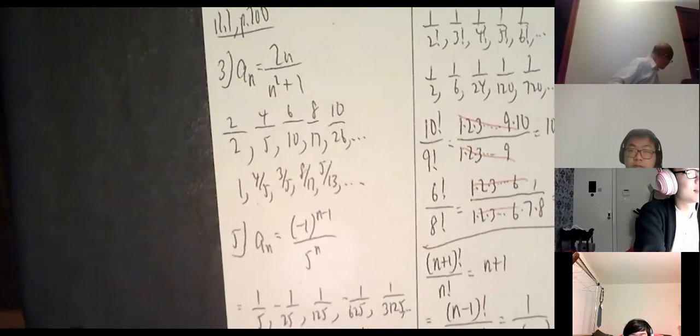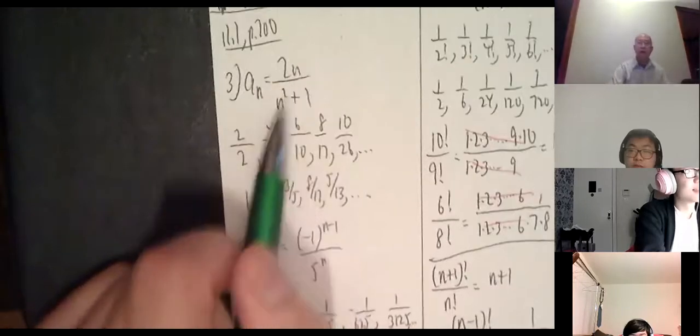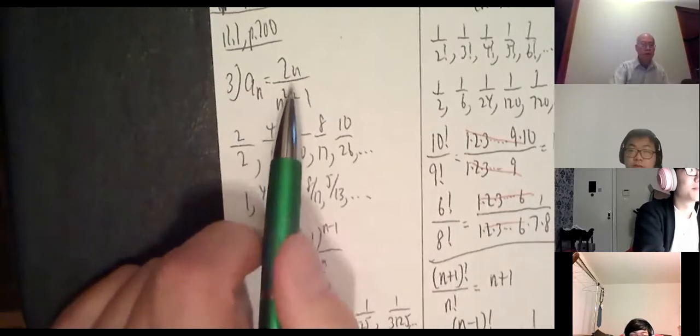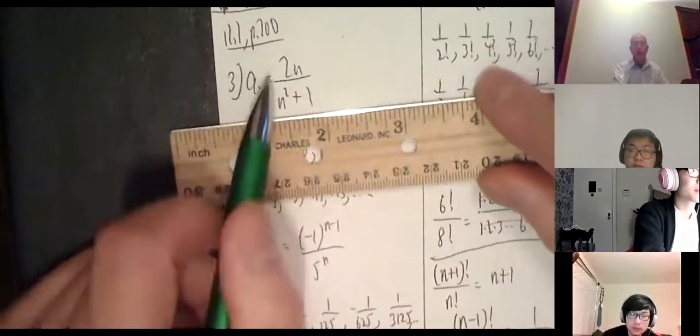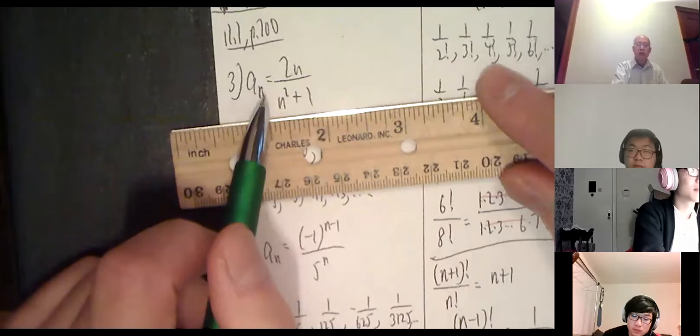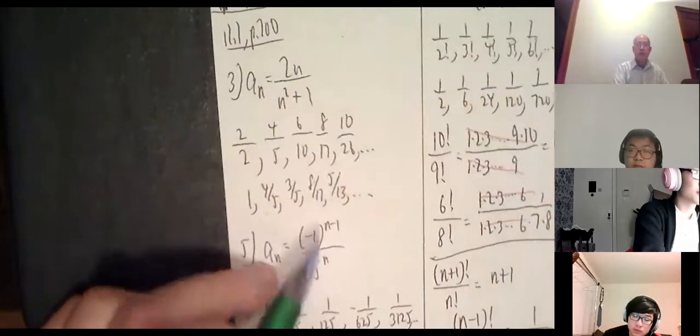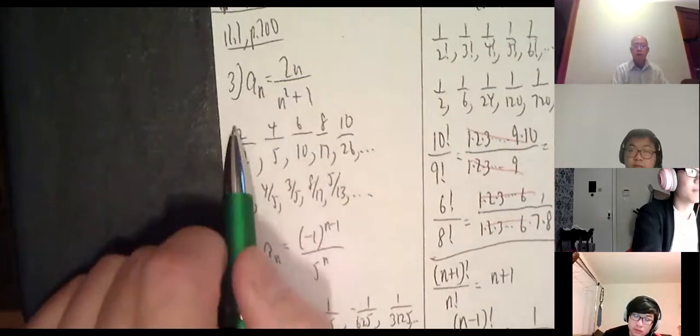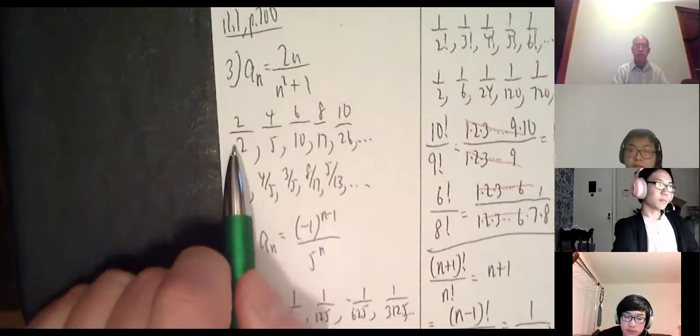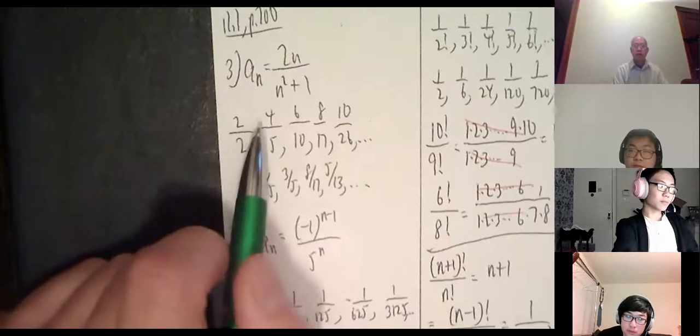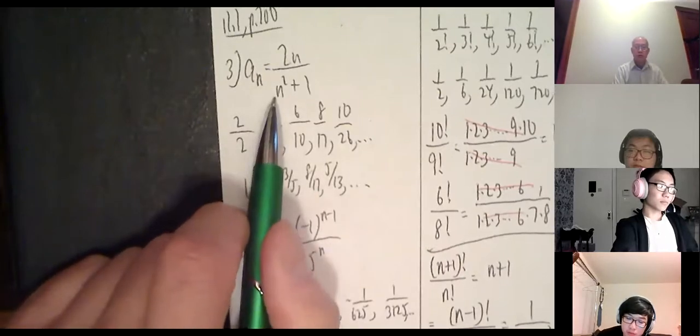This one does not appear to be the same. It's close, but not quite. But anyway, a sub n is 2n over n squared plus 1. It says list the first 5 terms of the sequence. No big deal. Plug in 1, 2, 3, 4, and 5. Plug in 1: 2 over 1 plus 1 is 2. Plug in 2: 2 times 2 is 4, 2 squared plus 1 is 5.